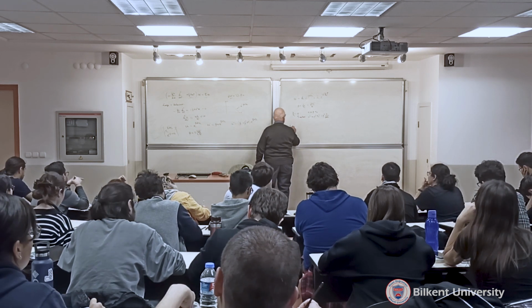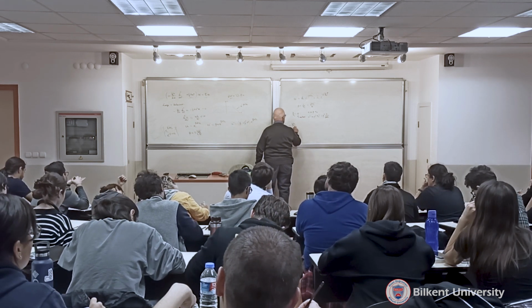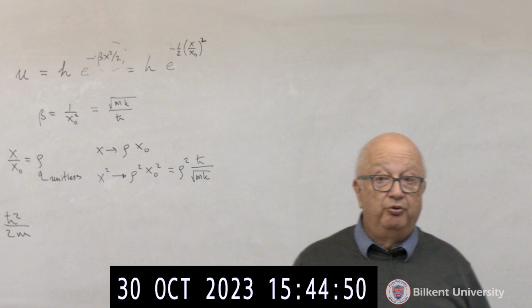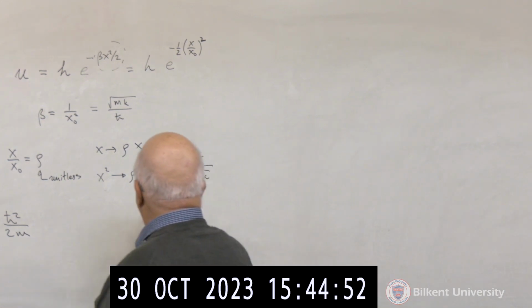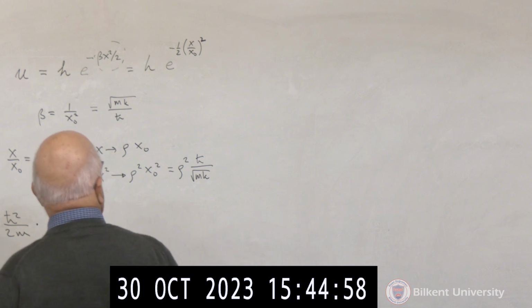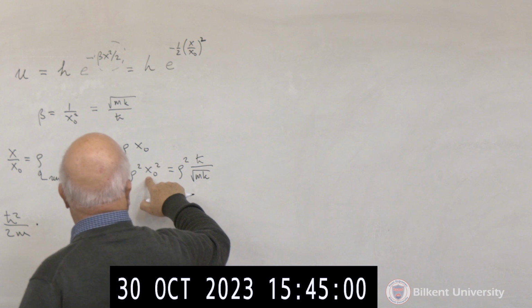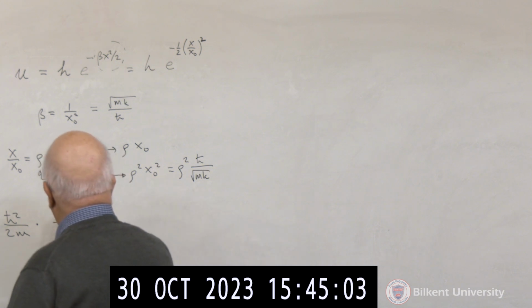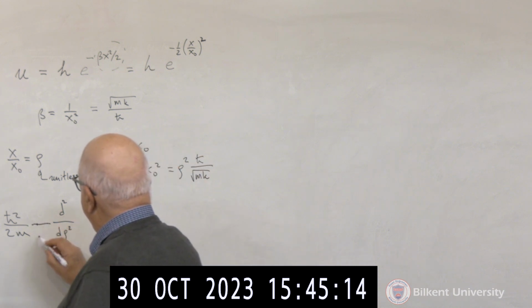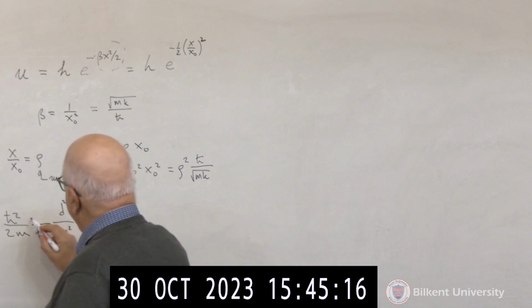It says minus h bar squared over 2m, two derivatives with respect to x, which means I am going to get d squared d rho squared, and so I'm going to get an h bar, please check my algebra, h bar square root of mk.